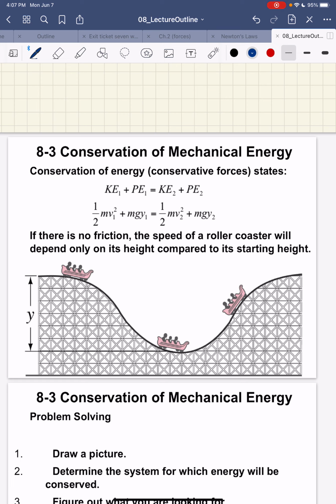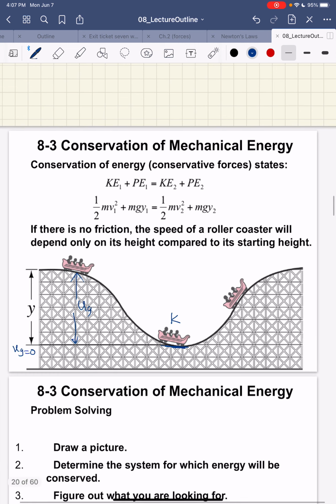If I choose my reference at this point, UG equals 0, then I have this much UG, and here I have decreased my UG to 0, then all I have is kinetic. And here I will have a portion of the UG, and the rest is going to be kinetic.